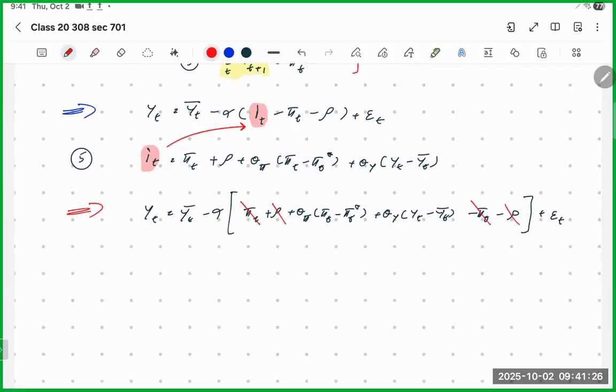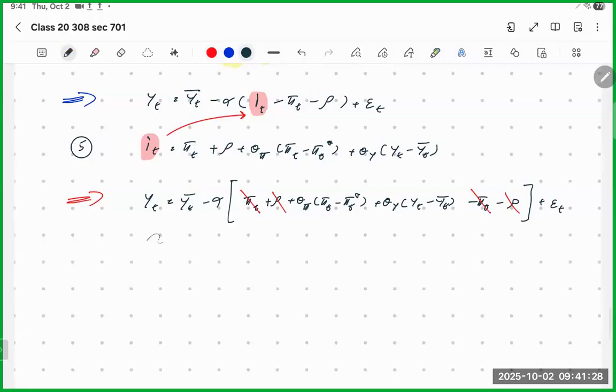So the equation is reduced to YT equals YT bar minus alpha. You can multiply alpha into the bracket, and it becomes alpha theta pi, pi T minus pi T star, minus alpha theta Y, YT minus YT bar, plus epsilon T. This is what you have.